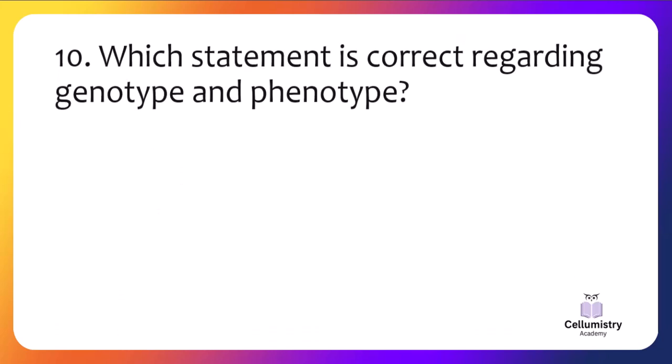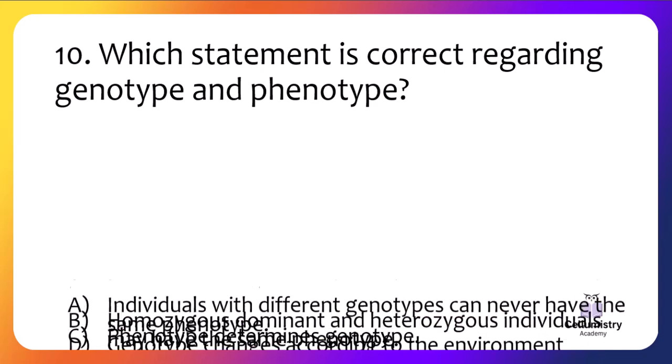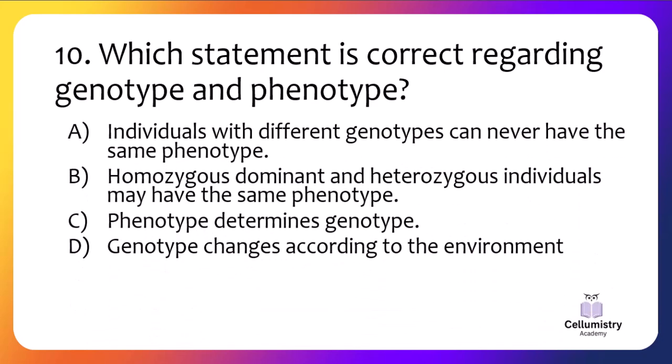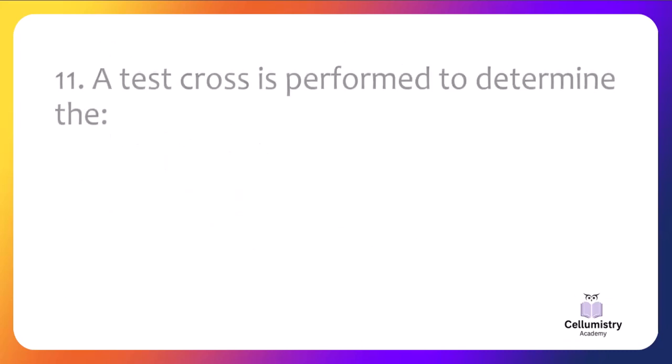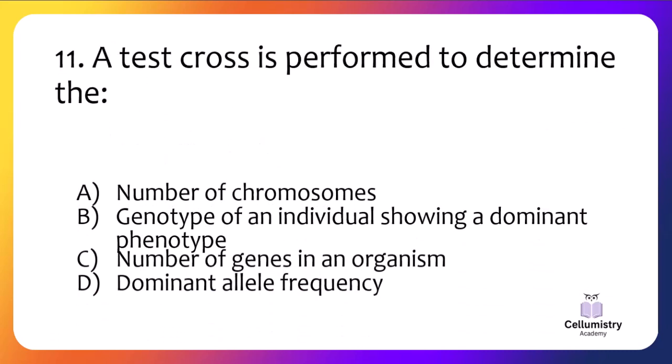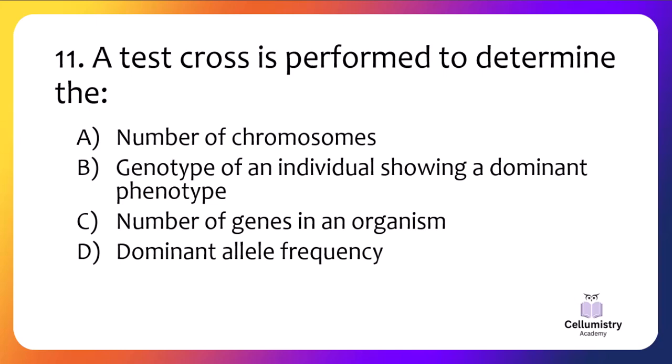Which statement is correct regarding genotype and phenotype? Answer is B. Homozygous dominant and heterozygous individuals may have the same phenotype. A test cross is performed to determine the... Answer is B. Genotype of an individual showing a dominant phenotype.